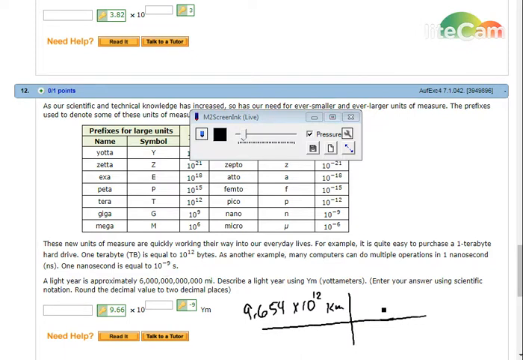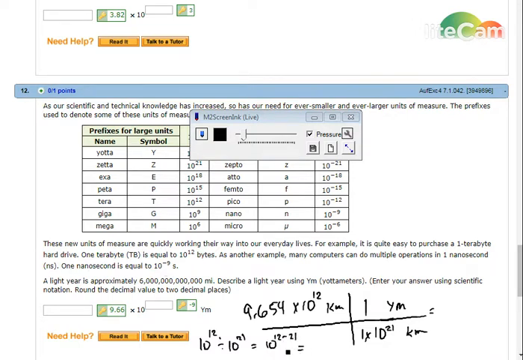I think we said that there was 1 times 10 to the 21st kilometers in 1 yottameter. If that's the case, we multiply the numbers on the top and divide by the numbers on the bottom. And we're really just concerned about the exponents. So 10 to the 12th divided by 10 to the 21st is 10 to the 12th minus 21.